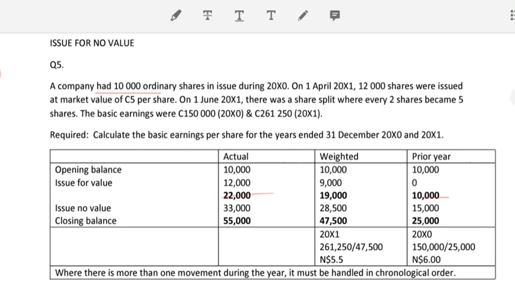To calculate the issue for no value under weighted, we say 19,000 divided by 22,000, times 33,000, then we get 28,000. I hope you can confirm that, right? Good. If you take the 19 in bold divided by the 22 in bold, times the 33, this amount, we get this one.